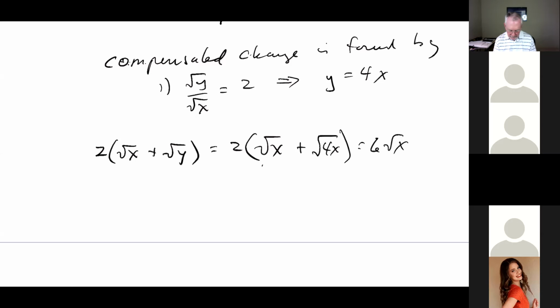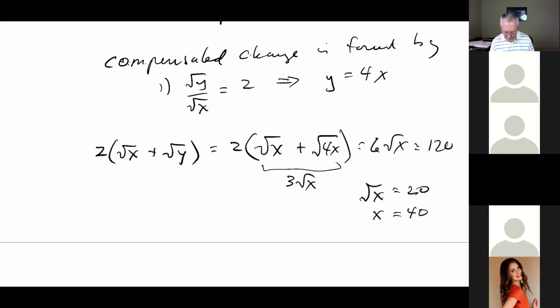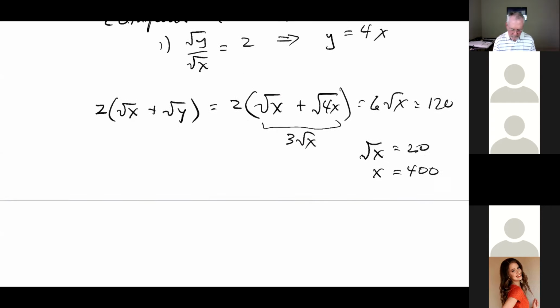It's 2 square roots of x plus the square root of x is 3 square roots of x, so it's equal to 6 square roots of x, which means then if our initial level is 120, we would set utility equal to 120. So the square root of x then is going to be equal to 120 over 6, or 20. So x must be equal to 20 squared, or 400.